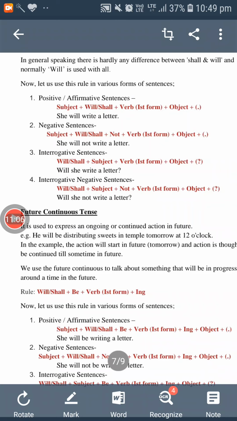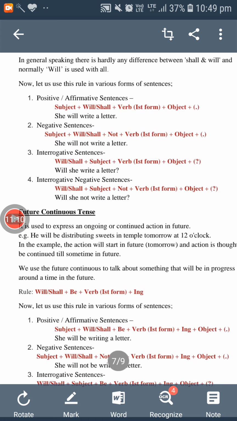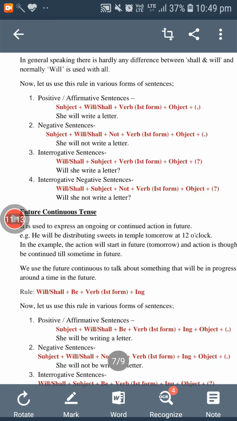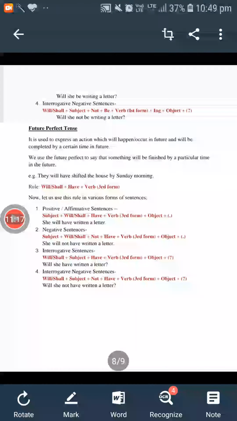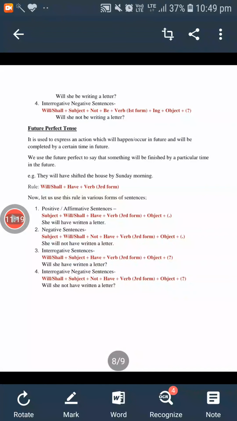For example, she will be writing a letter. She will not be writing a letter, that is a negative sentence. And will she be writing a letter is an interrogative sentence.